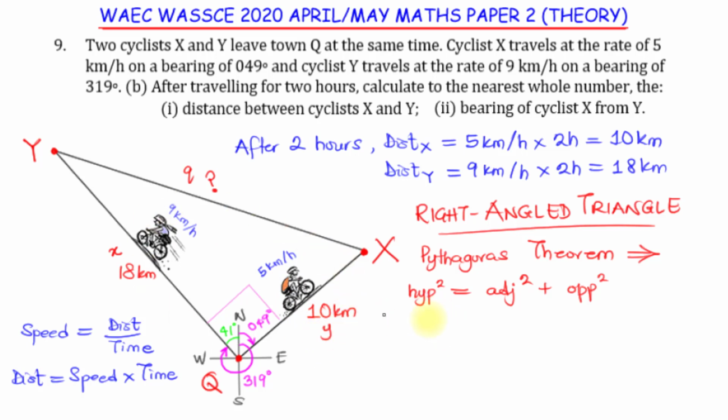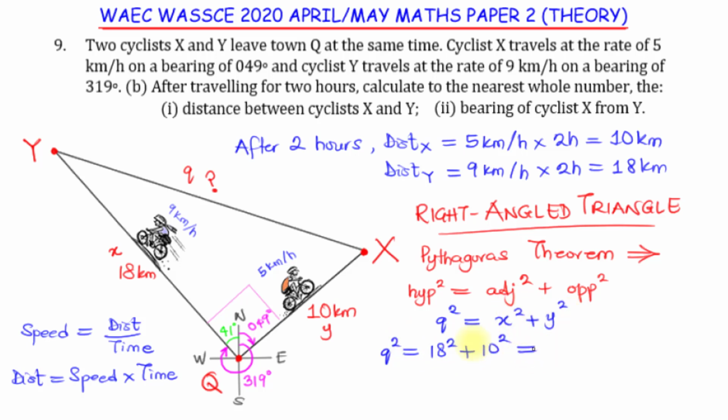So from here, we can just see that this implies that q raised to power 2 is equal to x raised to power 2 plus y raised to power 2. And x we found to be 18 kilometers, y is 10 kilometers, and we're looking for q. So we can say the square of q is equal to x square, which will be 18 raised to power 2, plus y square, which will be 10 raised to power 2.